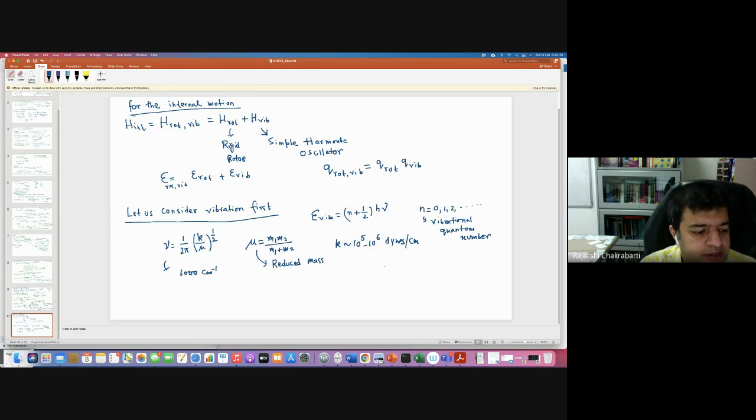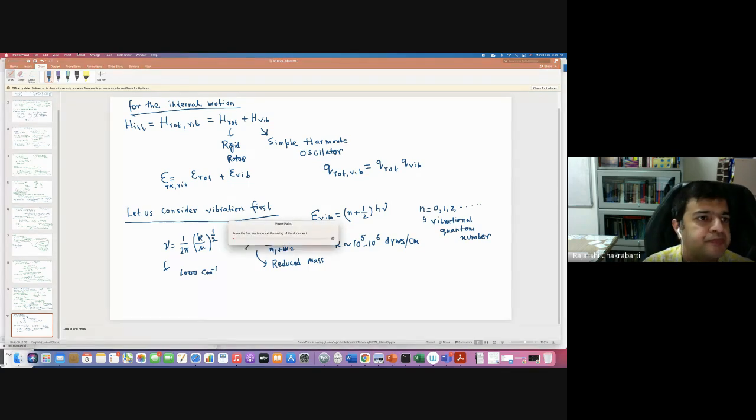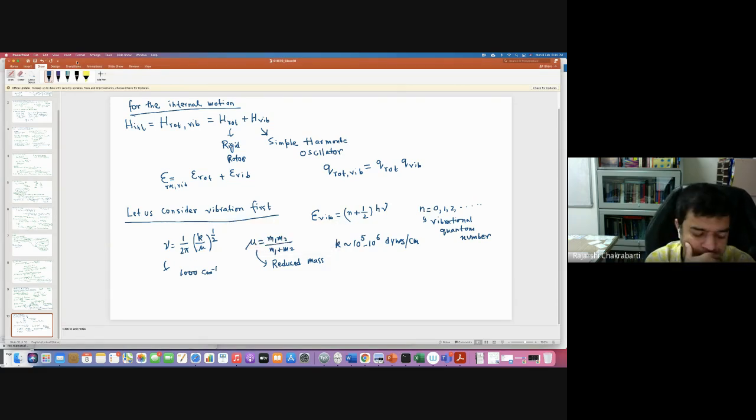So let us calculate the vibrational partition function first. Do that calculation. Just wait for a minute. Today's class is mostly from the book by McQuarrie.